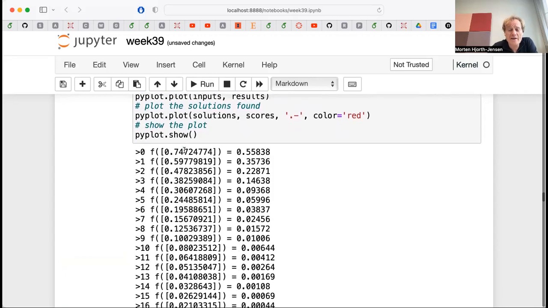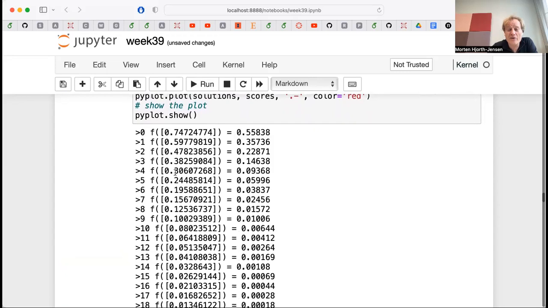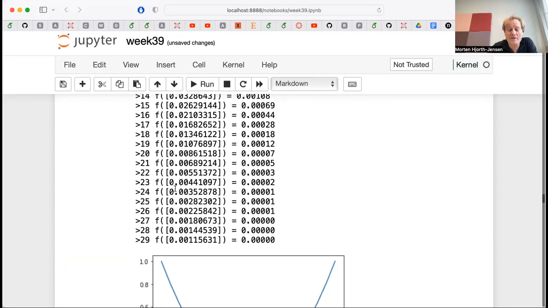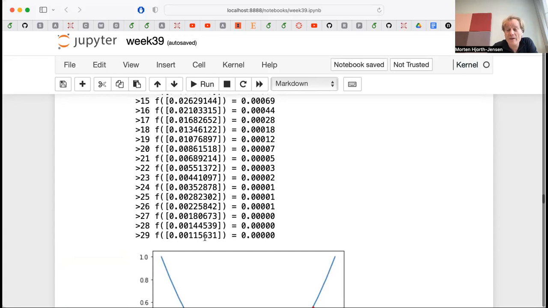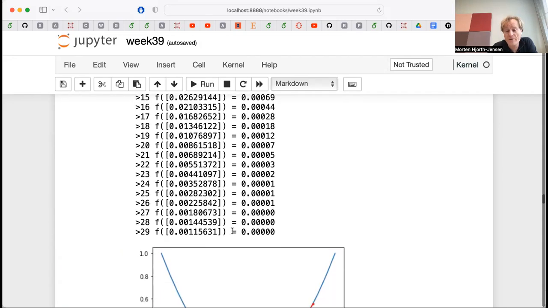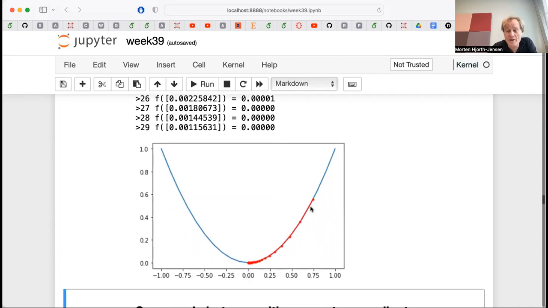So what you would see here is that this is a function of the number of iterations, and we actually want this to have a 0 at f of 0 here. And in this specific case, because we know that the minimum is at x equal to 0, we see that we are slowly approaching that. So we need almost 30 iterations before we actually reach the minimum.